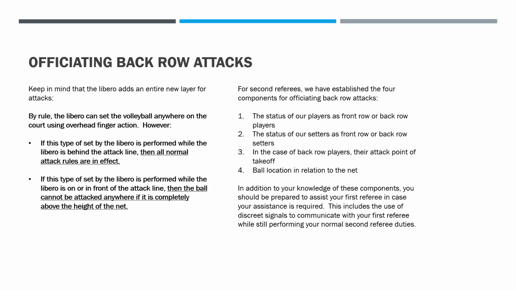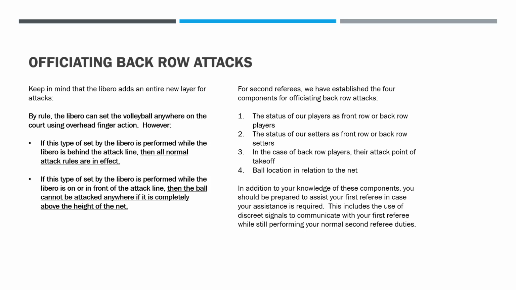However, if this type of set by the libero is performed while the libero is behind the attack line, then all normal attack rules are in effect. If this type of set by the libero is performed while the libero is on or in front of the attack line, then the ball cannot be attacked anywhere if it is completely above the height of the net.